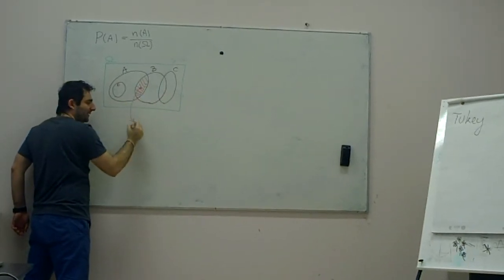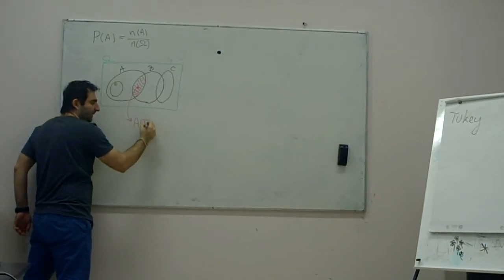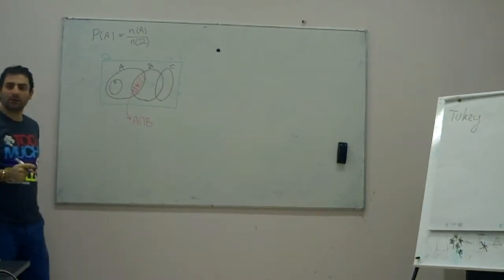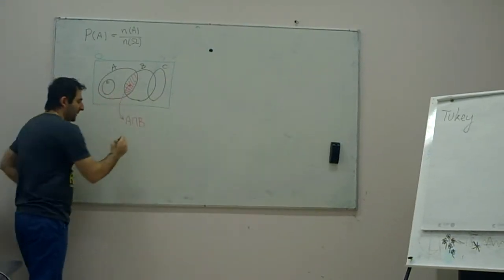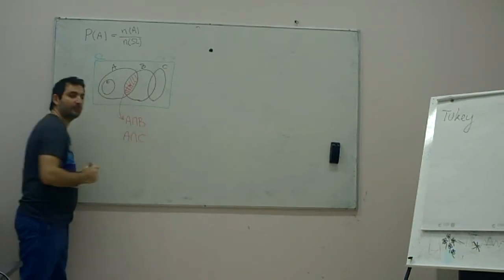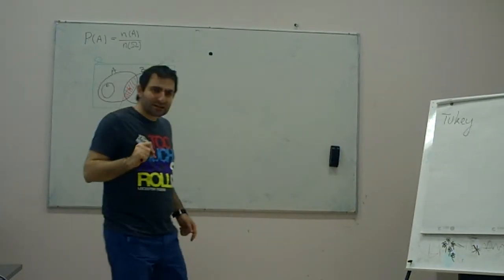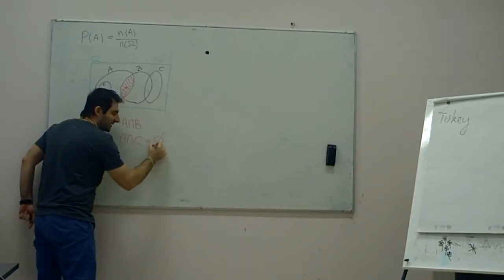and we call it A intersected by B, right? Now, what about A intersected by C? What can we say about A intersected by C? Yes, it's empty. They don't have intersection.